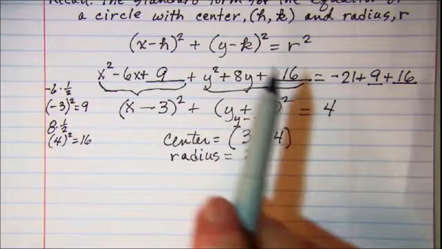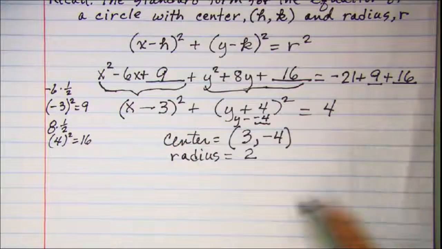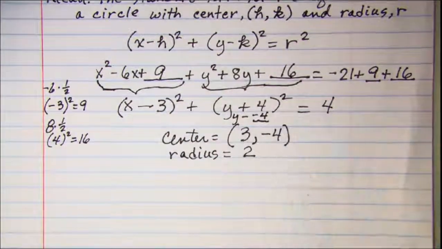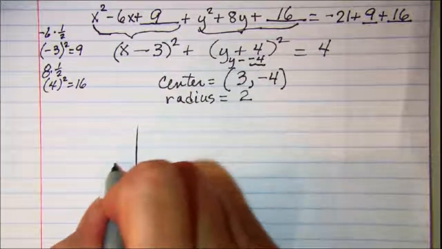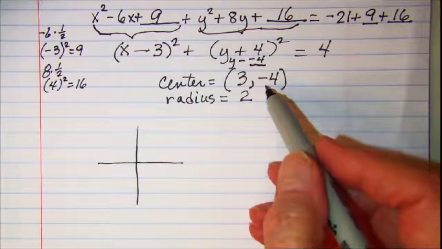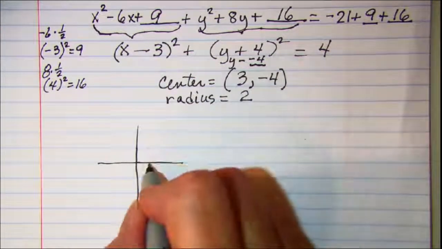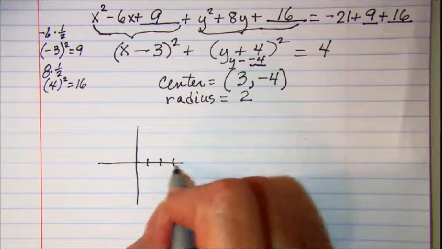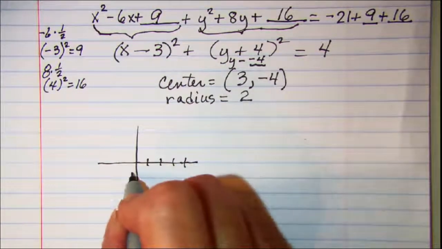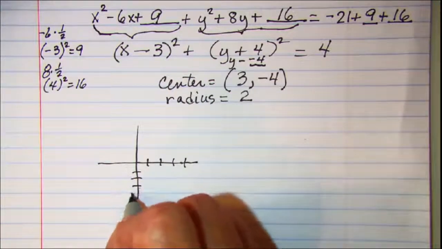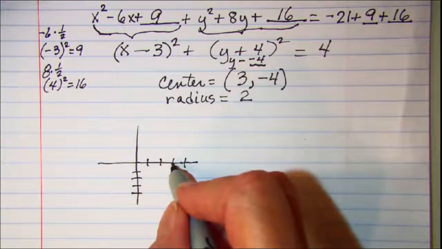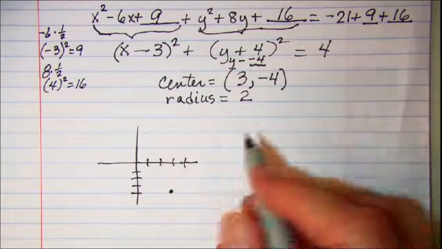Our problem also asks us to graph this circle, so let's plot the center point. We have 3, negative 4. So 3, negative 4 is right here.